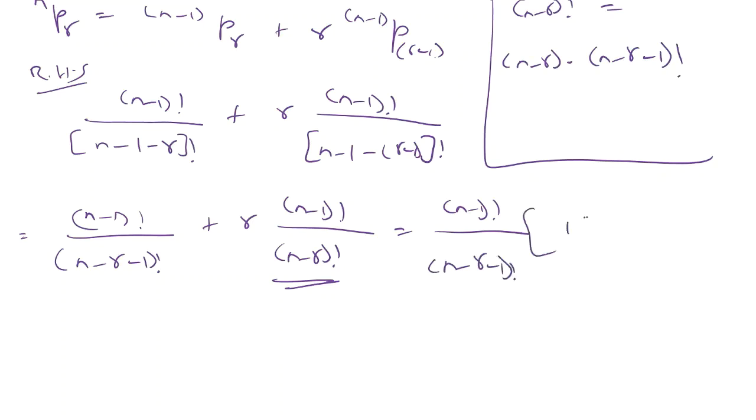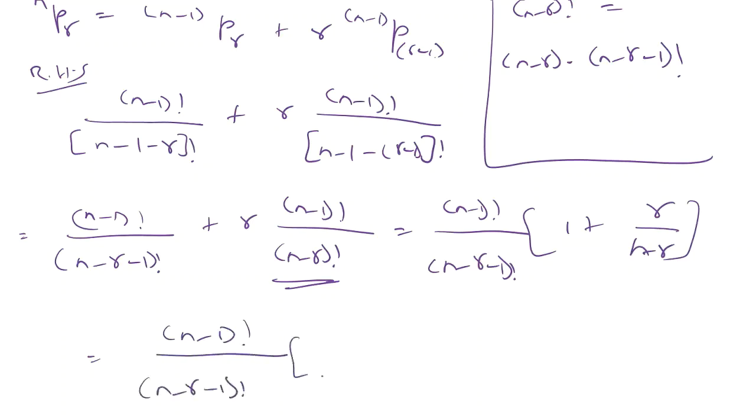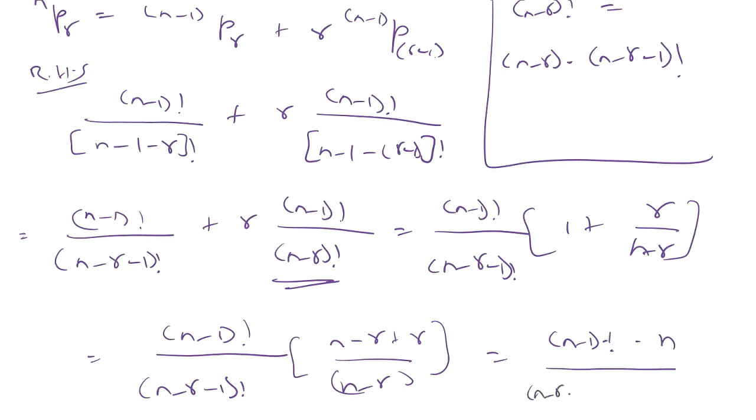So I will have 1 plus r upon n minus r, which is equal to (n minus 1) factorial upon (n minus r minus 1) factorial into (n minus r plus r) by (n minus r), which is equal to (n minus 1) factorial into n upon (n minus r minus 1) factorial into (n minus r).